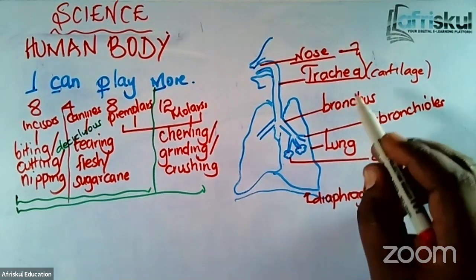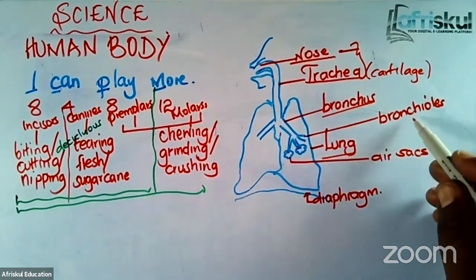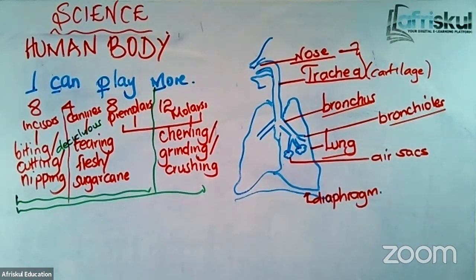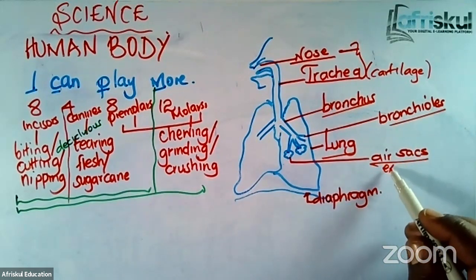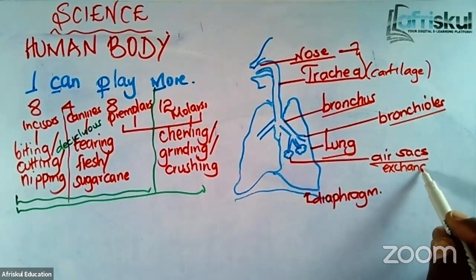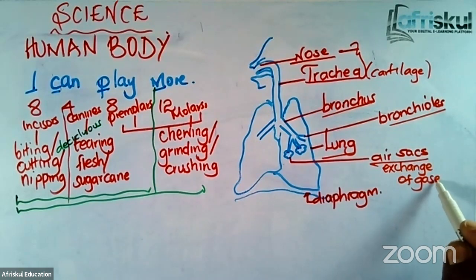Then the trachea branches into bronchus, which get into the lungs. In the lungs, the bronchus branches into bronchioles, and then the air sacs, where exchange of gases takes place. The two respiratory gases are oxygen and carbon dioxide. We breathe in oxygen and out carbon dioxide.